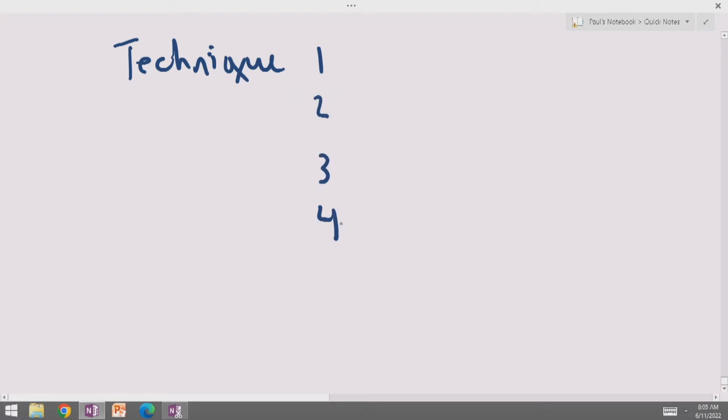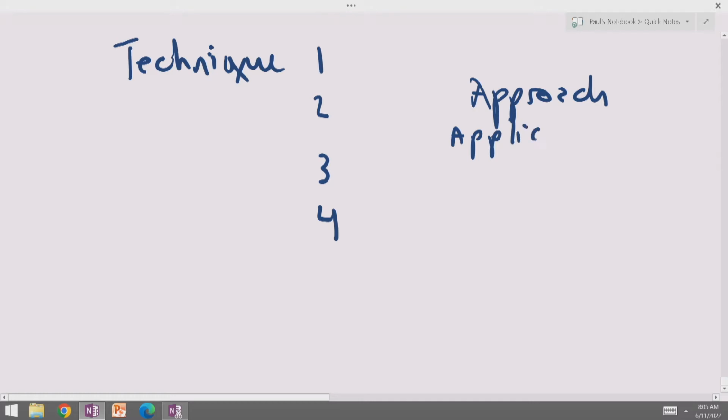See, what we have learned is we have a technique. So let's say you have technique 1, 2, 3, 4. And then on this side, you have an approach. An approach is defined as the application of a technique that you already learned.